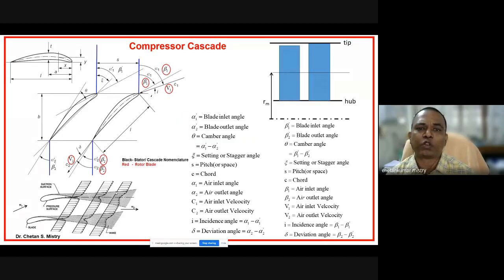This is called a cascade. Before the arrival of CFD, let me tell you, people claim many things, but basically the invention of CFD was initially done for turbomachinery applications.